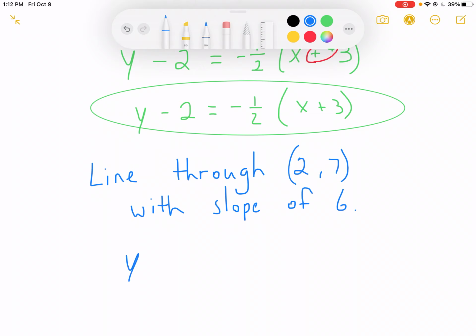So I'm going to say y minus, then my y value, so that's 7, equals 6, my slope, parentheses, x minus 2. And I can't really simplify anything there, so I'm just done.